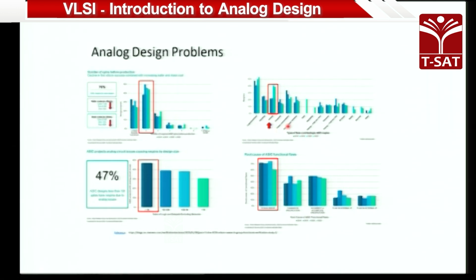And out of this survey, what we have seen is that a very high percentage of the errors come from analog. These colors are from year to year, and as we move to recent years like 2022, it is still very high.